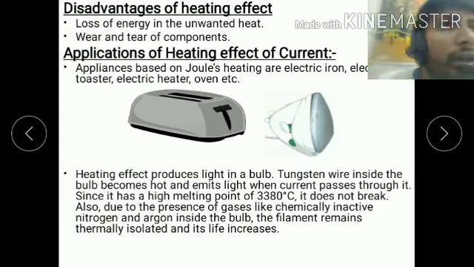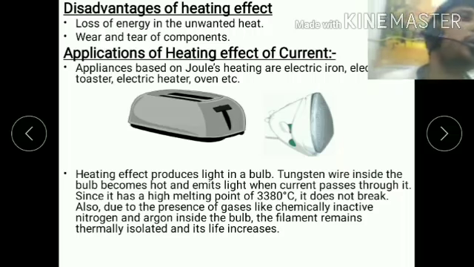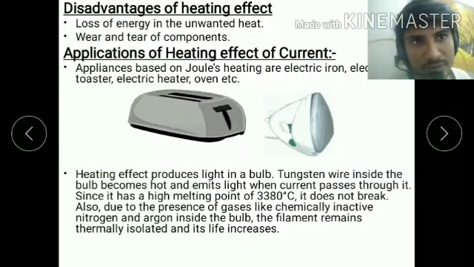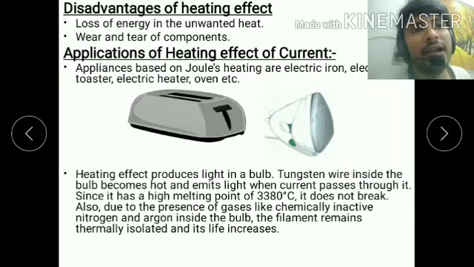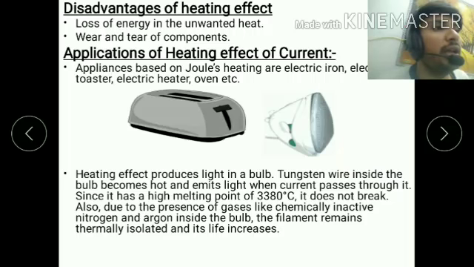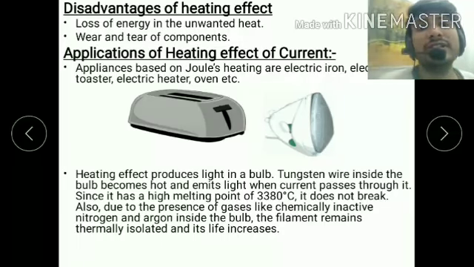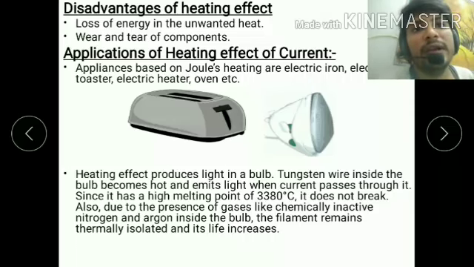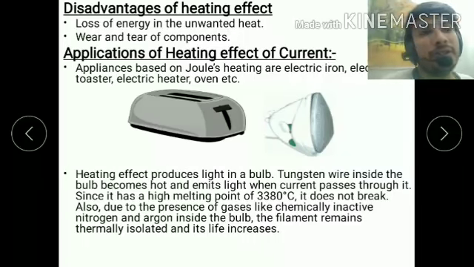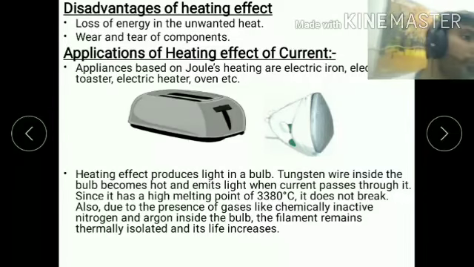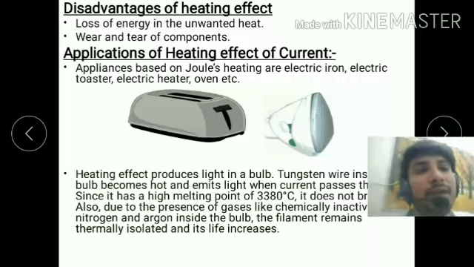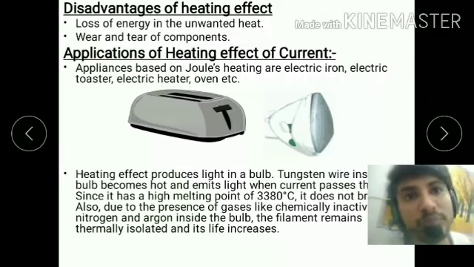Why does an electric circuit produce heat? Due to loss of energy. When any wire, conducting source, or electrical appliance produces heat, it starts to lose its energy. Another disadvantage is wear and tear of components. Components can tear up over a long time.